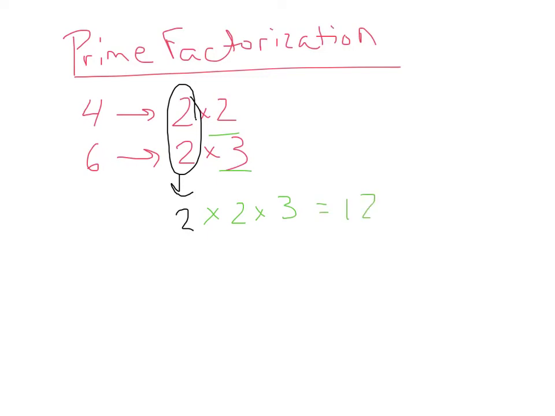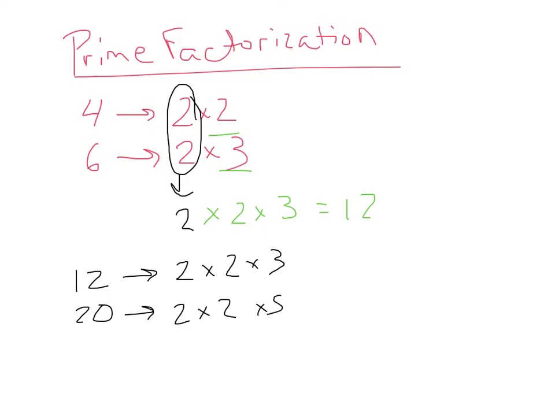If, for example, I was looking at 12 and 20 again, 12's prime factorization would be 2 times 2 times 3. 20 would be 2 times 2 times 5. I'm going to circle the common factors, so it's going to be 2 times 2, and then I'm going to multiply by what's left.